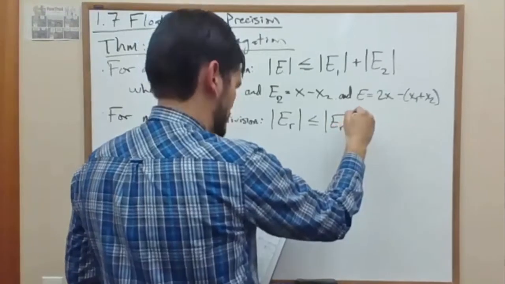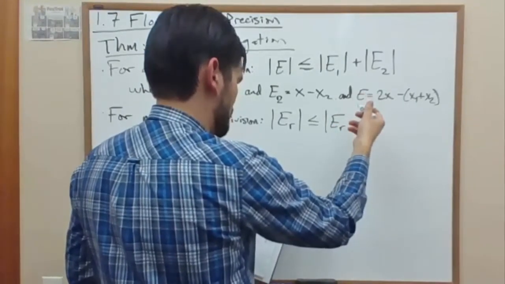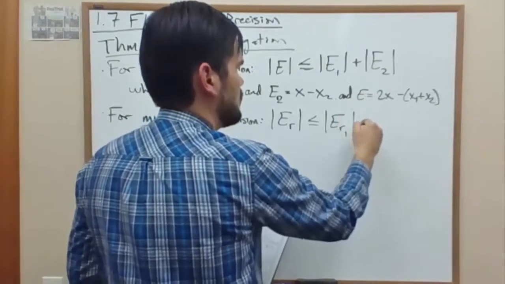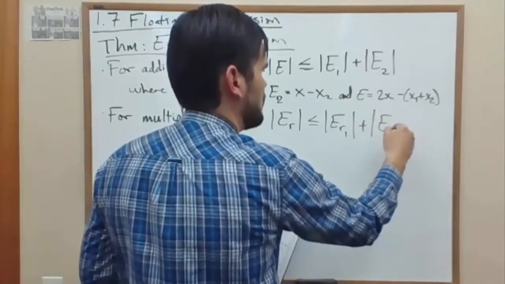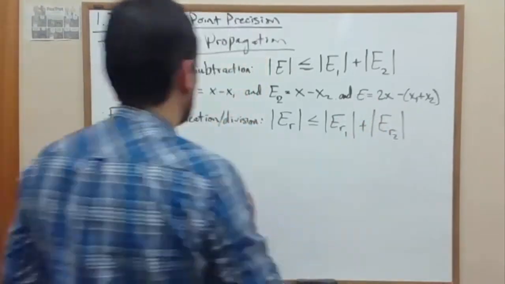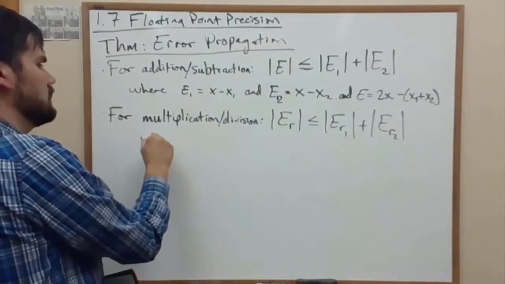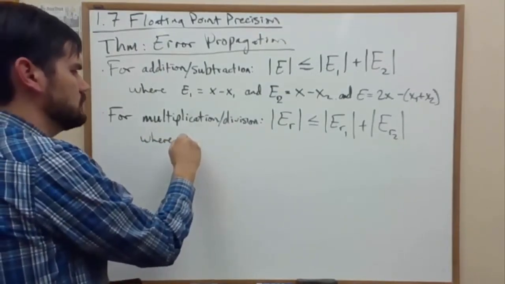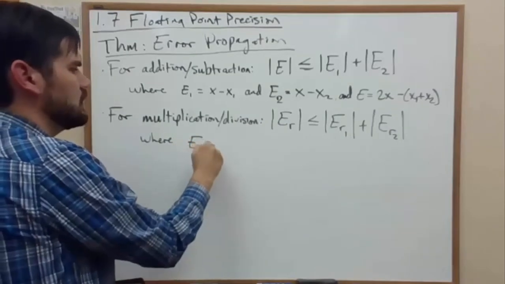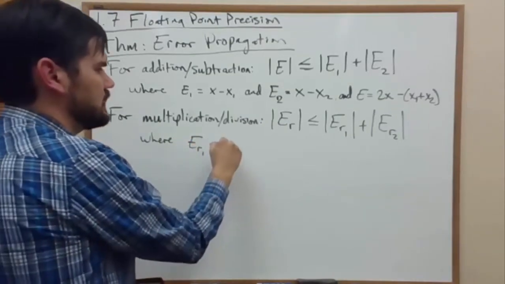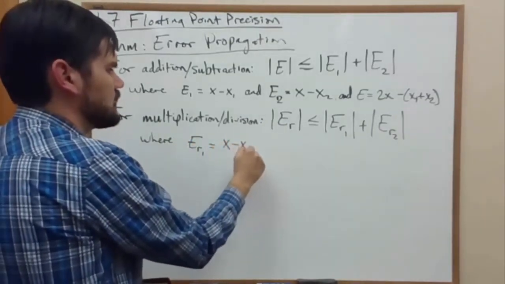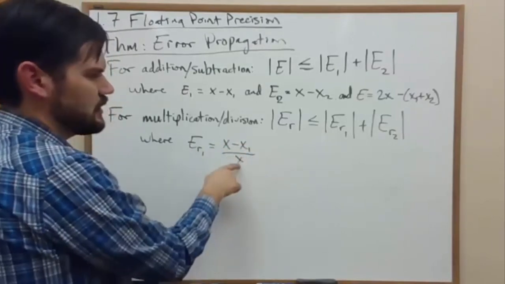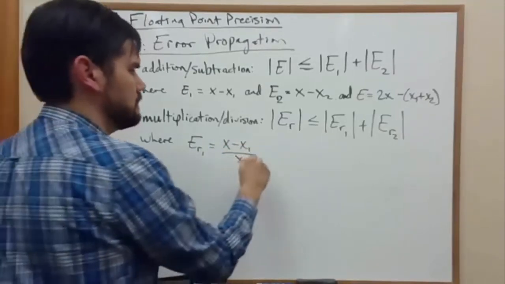The relative error of the first one plus the relative error of the second one, where ER1, relative error again, is x minus x1 divided by x, the true value, that's relative error.